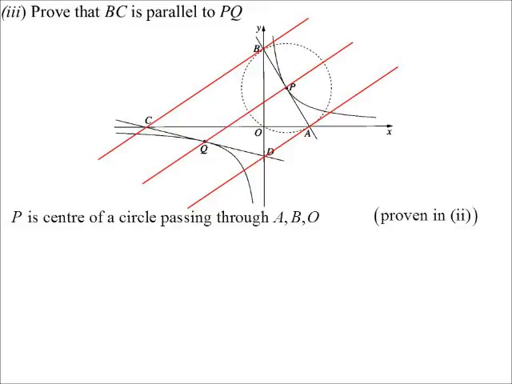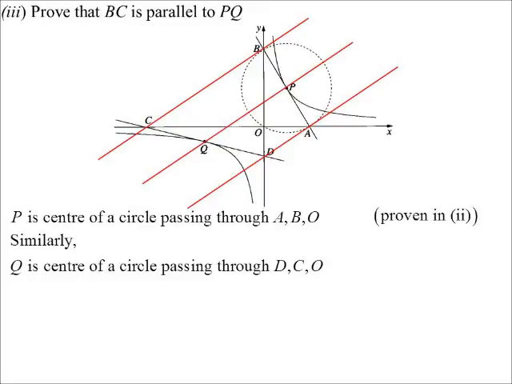We know P is the centre of a circle that passes through A, B and O. That's what we did in part 2. Similarly, Q must end up being the centre of a circle passing through D, C and O. Because all we've done in part 2 is prove that if we've got a tangent and we get the x-intercept, the y-intercept and the origin, those 3 points will lie on a circle.